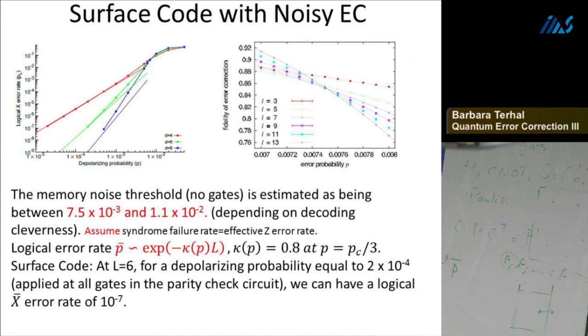The noise threshold that has been estimated is also not a fixed number, because it depends a little bit on what you assume. First of all, it depends on what you assume to be the failure rate of the parity syndrome checks. You can say, well, okay, I have a parity check measurement, and with some probability Q it's wrong.